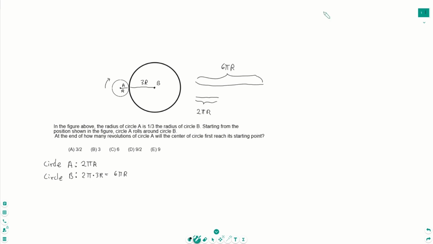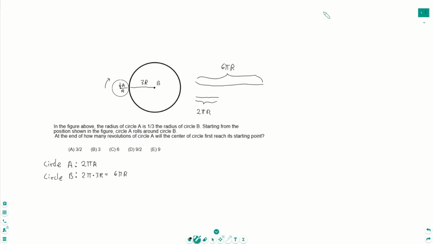Because if there is no slipping, the center of this small circle must cover the same distance as any point. Well, not exactly as any point, but because there is no slipping, the distance that the small circle center travels around the larger circle is equal to the total arc length that has rolled on the small circle itself.